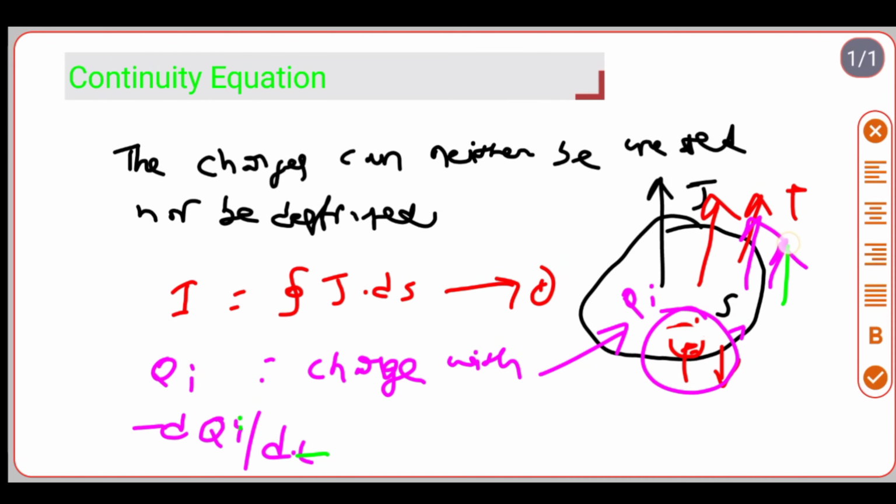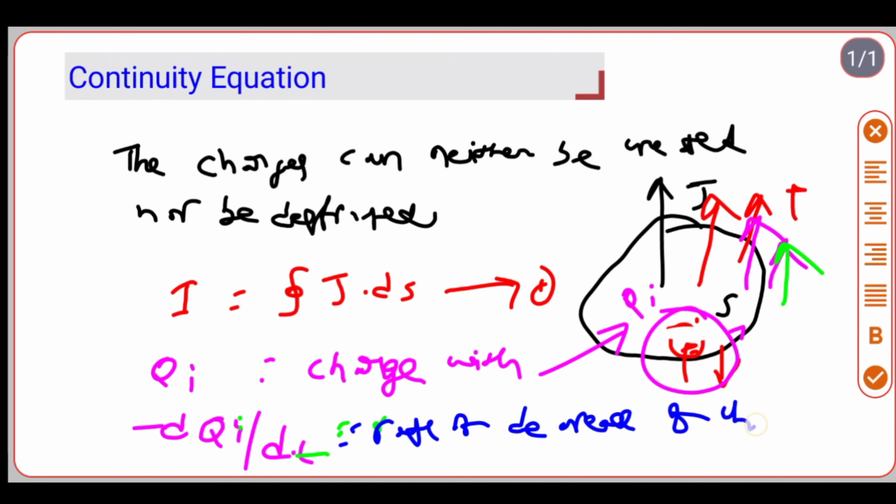Due to the movement of positive charges, what is the rate of decrease of charge inside the surface? Minus indicates that it is a decrease in charge.